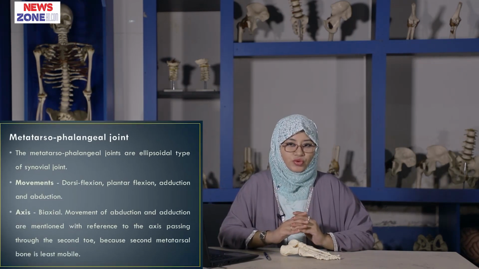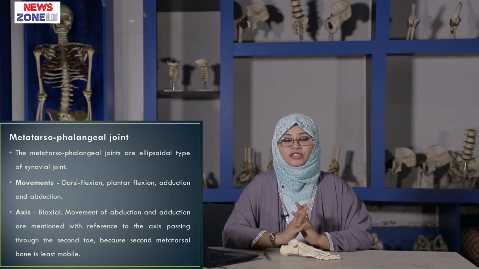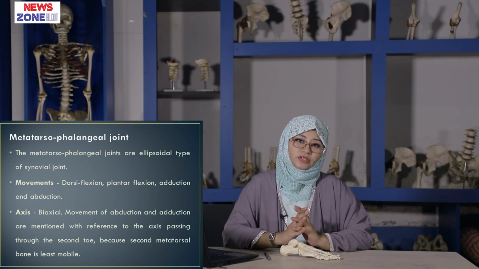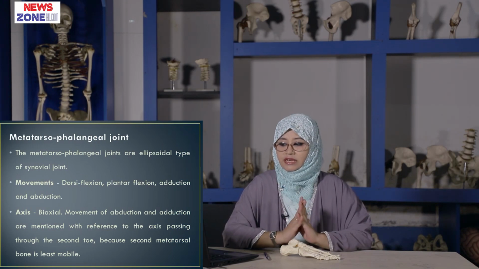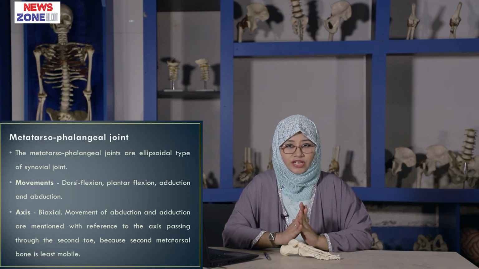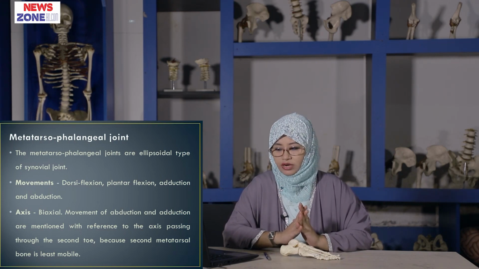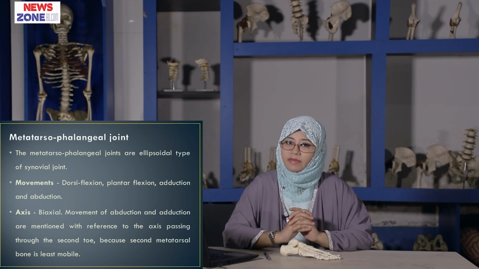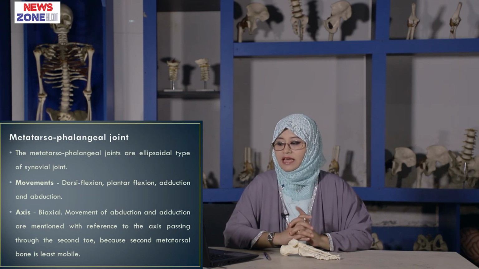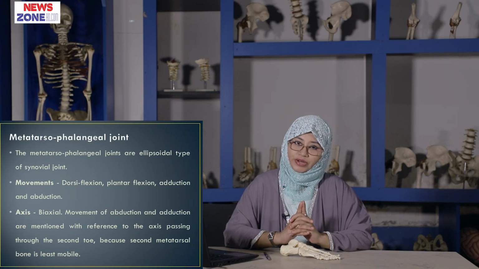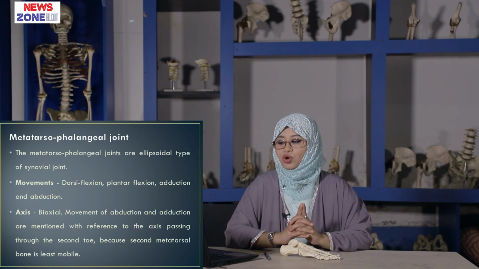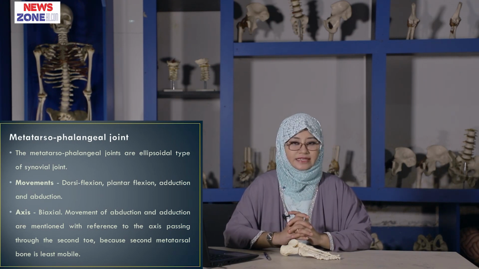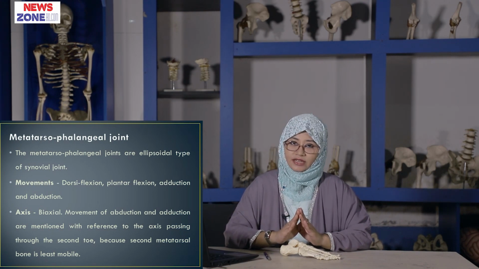Now, metatarsophalangeal joint. The metatarsophalangeal joints are ellipsoid type of synovial joint. Here, dorsiflexion, plantar flexion, abduction and adduction occur. And this is a biaxial joint, and the movements of abduction and adduction are mentioned with reference to the axis passing through the second toe, because the second metatarsal bone is least mobile.